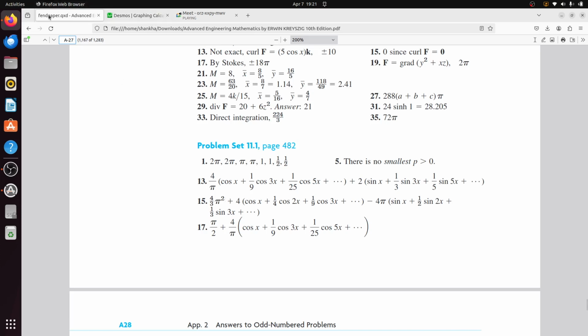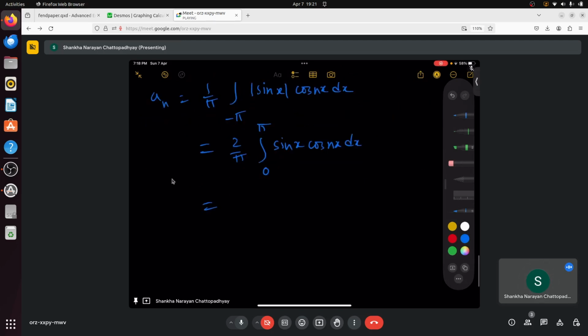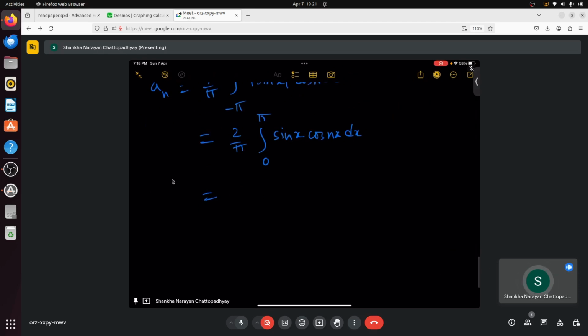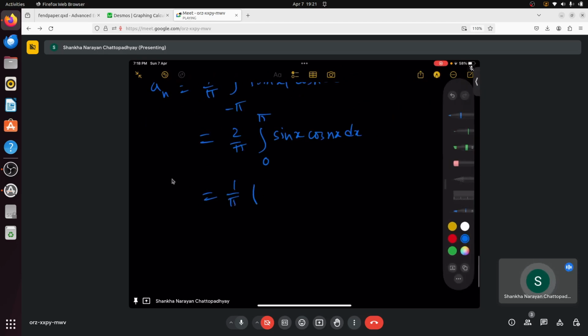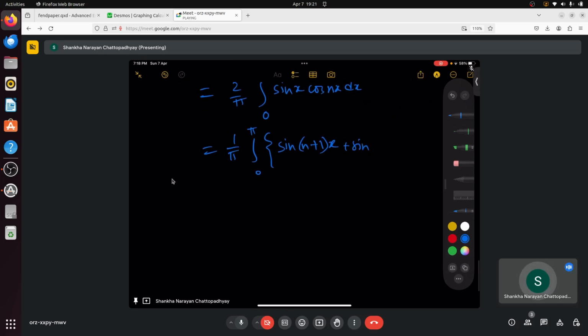Okay, I am on the right track. Now you need to use one trick here, that 2 sin a cos b equals sin(a+b) plus sin(a minus b). So 1 by pi integration 0 to pi sin of (n plus 1)x plus sin of (1 minus n)x dx.